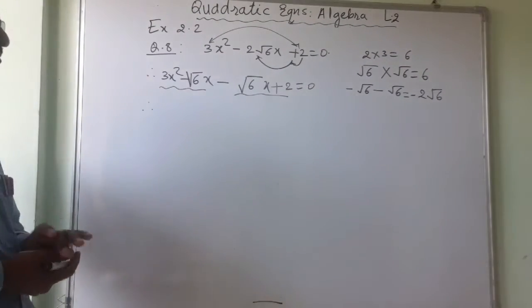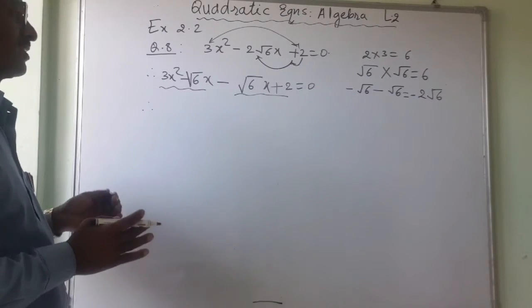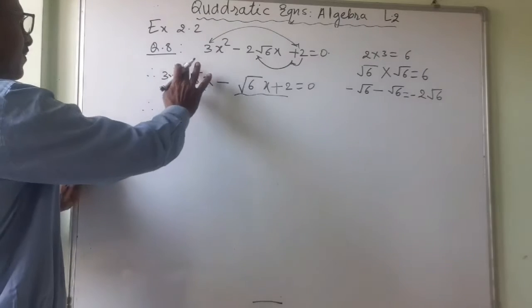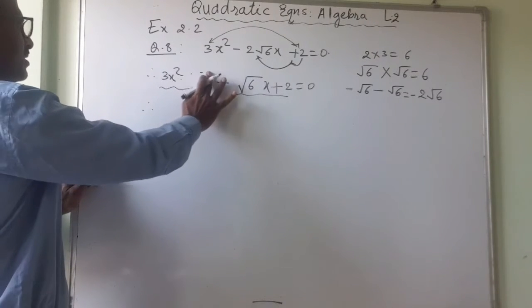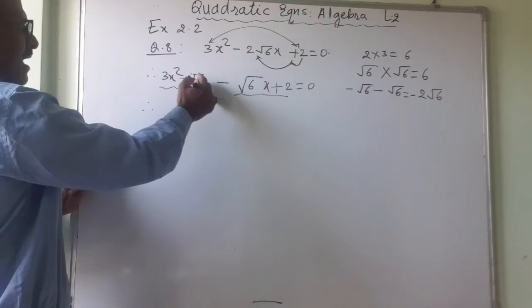Now here, what is the common factor that I have to search? So that both the factors should be same. This is minus root 6 x, minus root 6 x.